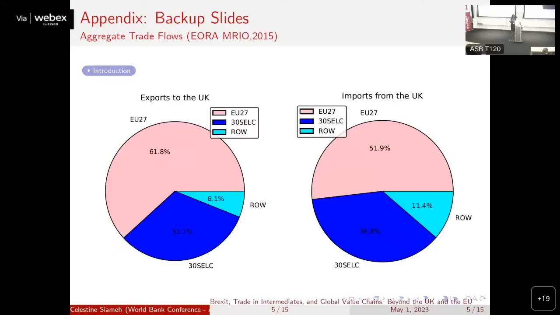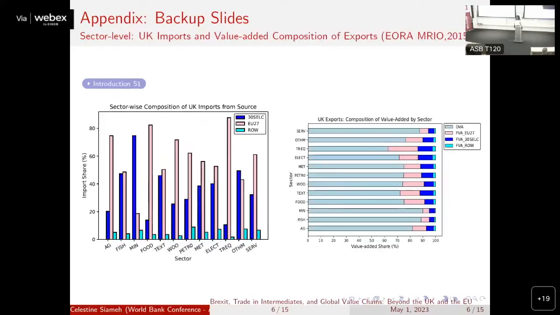On the import side, the EU imports about 52% from the UK, the 30 selected countries have almost 37%, and the rest of the world countries have about 11%. This shows how the UK and the EU are integrated in global trading, and the need to look at the rest of the world countries when looking at the effects of Brexit on trade.